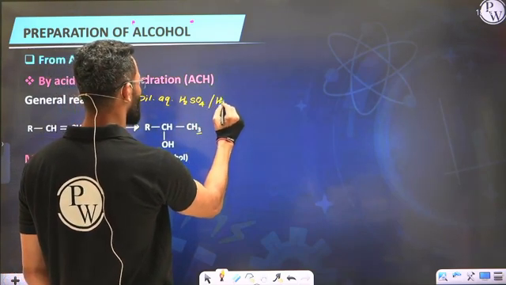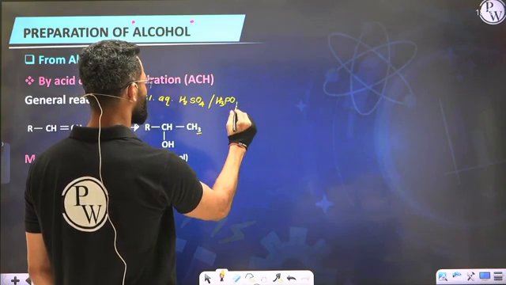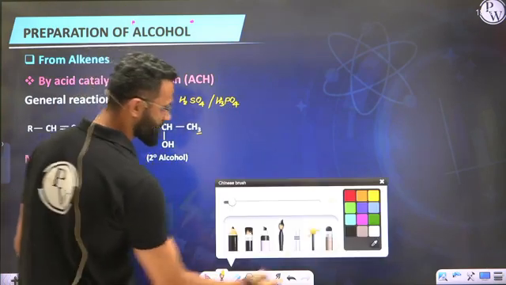These are two commonly used acids in presence of excess water.